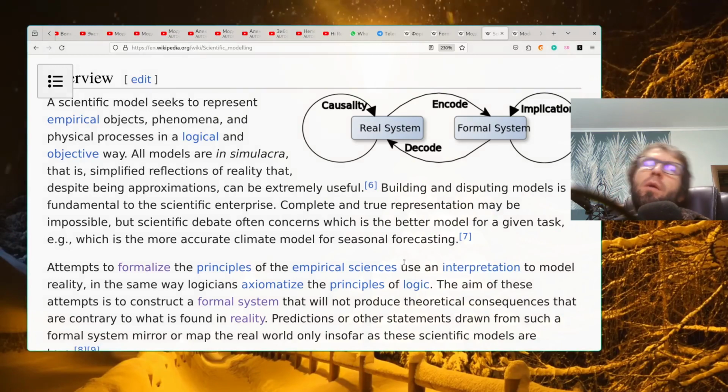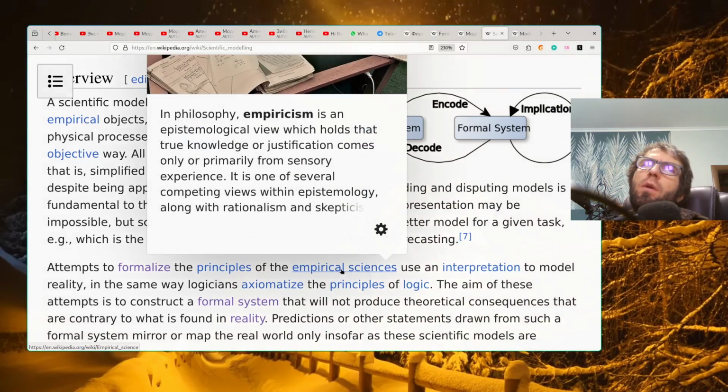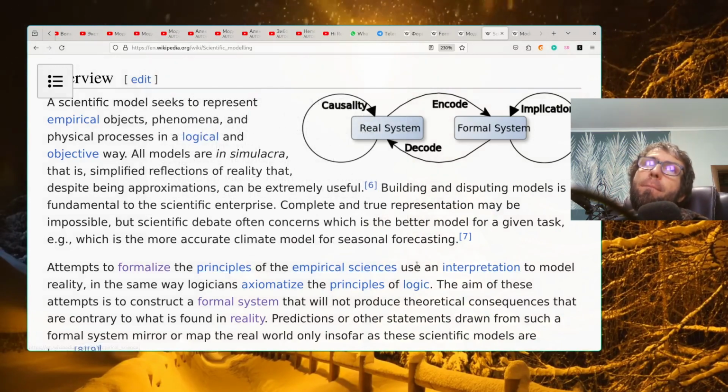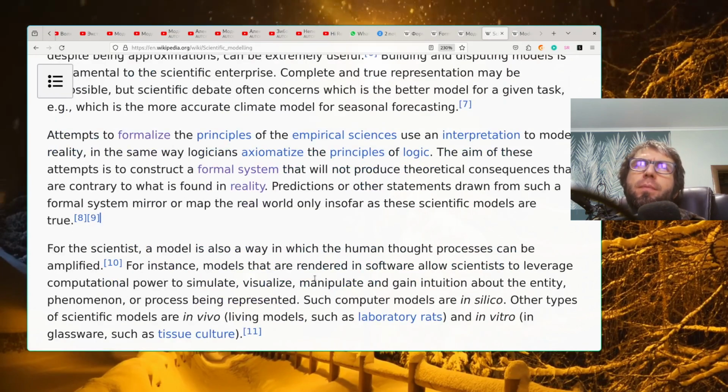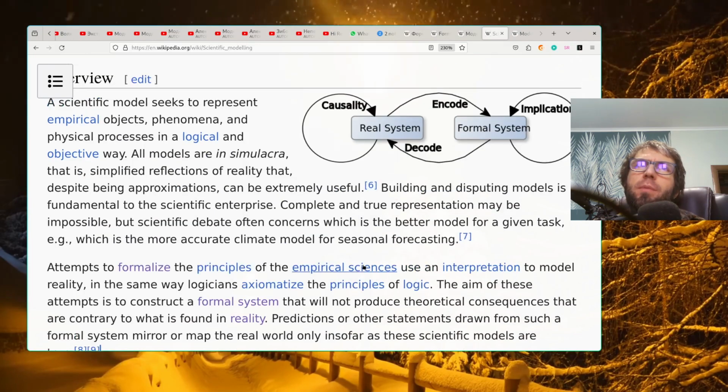And the main goal of the scientific model is to build a formal system. And this formal system must mimic the real system, and it must predict the behavior of this system.